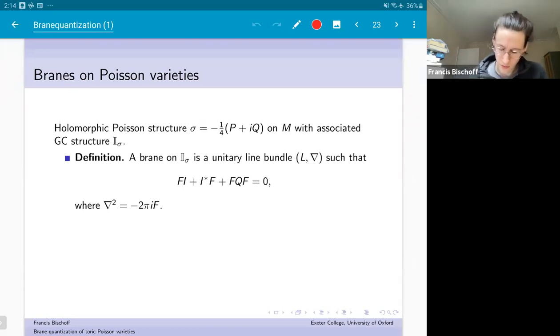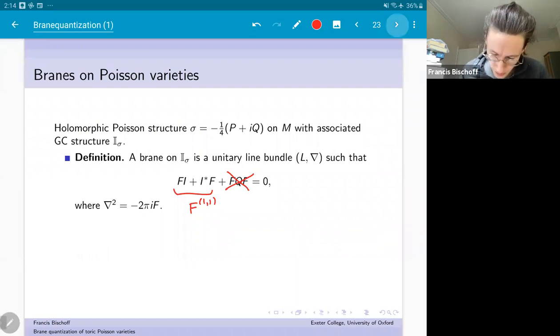There are a few things to notice about this equation. The first thing is that if the Poisson structure is 0, then this term goes away. And what we're left with in this case is the equation that specifies that the form here is of type (1,1). So in this case, we recover the usual definition of a holomorphic line bundle with connection. In this case, ∇ would be the Chern connection.